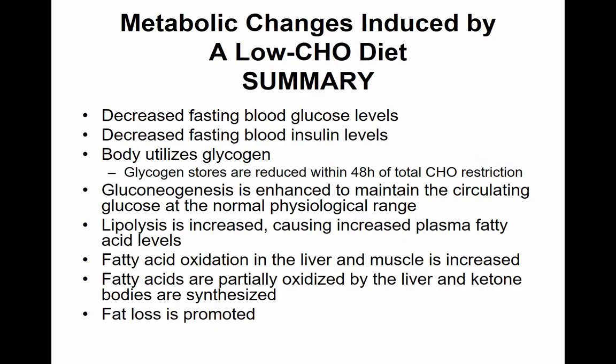Okay, so this is just a mechanism behind the ketogenic diet and how it affects weight loss. Basically, because you eat a limited amount of carbohydrates, you have a lower blood glucose level, which causes a change in the hormone profile: lower insulin levels and higher glucagon levels.